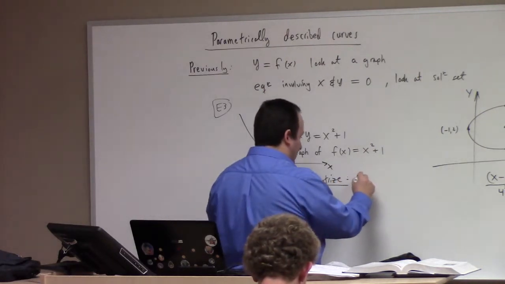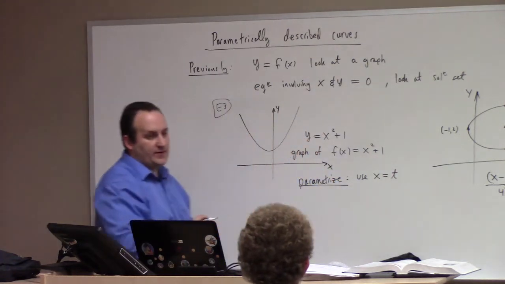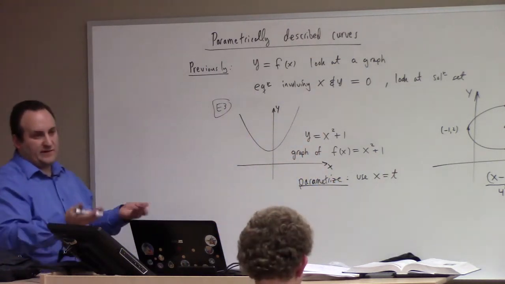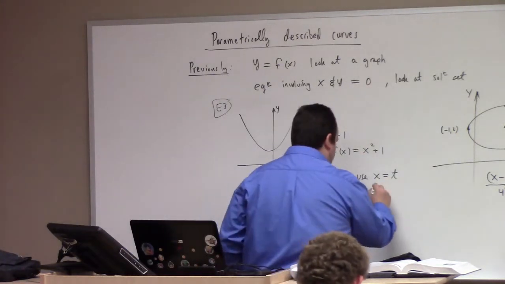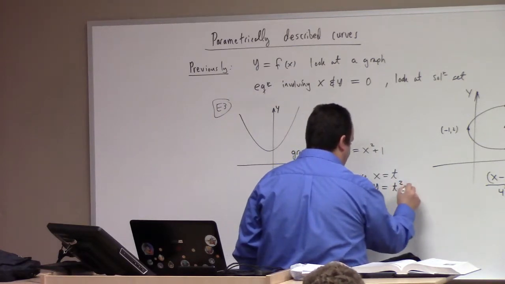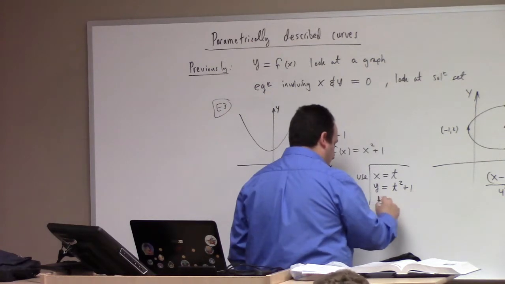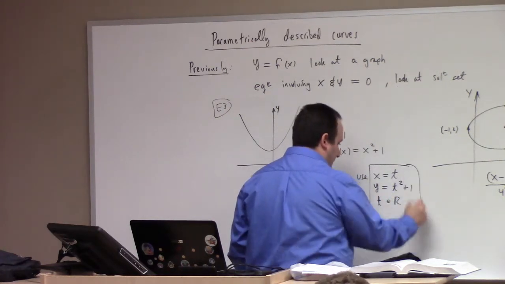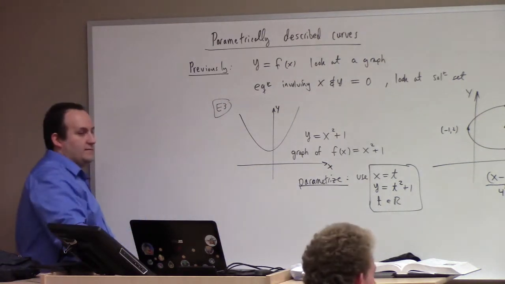We could use x equals t. Sometimes you can use one of the Cartesian variables as the parameter. That's a choice that you can sometimes make and sometimes it's helpful. If you do that, then we put y equal to t squared plus 1. This right here, for t in the reals, is a good parameterization of that parabola.